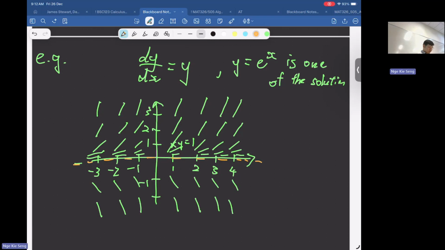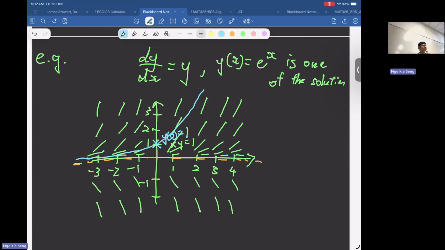So y(0) evaluates to what? e to the 0 is 1, right? So actually e to the x is the solution that corresponds to the initial value problem y(0) equals 1. So you can plot out this curve here.